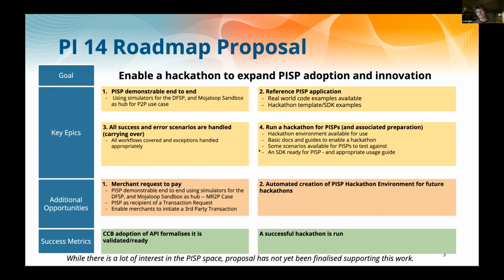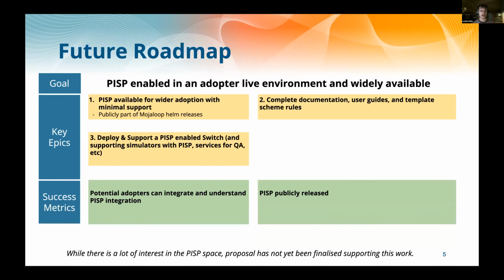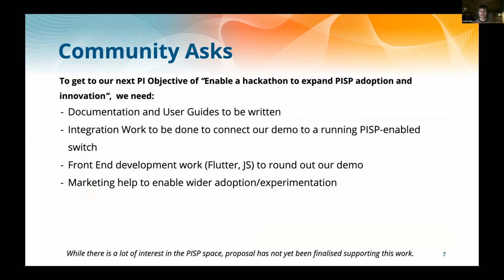We're going to have a breakout session for the PISP stream, so I don't want to spend too much time on it, but just to talk about some community asks. These are our 4 big asks: documentation, integration work, front-end work, and marketing, and helping us drive some of that.